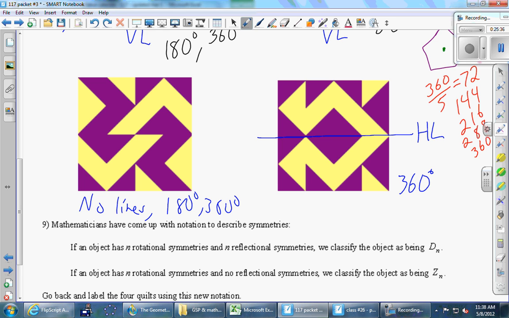1. So here's something that turns out to be true. If you have some lines of symmetry, you're going to have exactly the same number of angles of symmetry. If you tell me there's one line, like this bottom right, I can tell you there's only going to be one angle, 360.